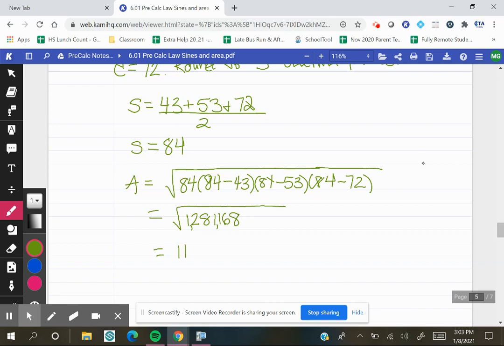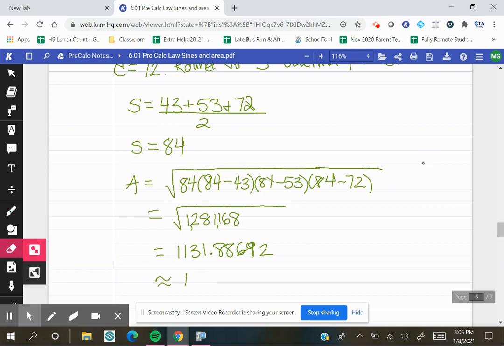We have 1,131.88692, and it said to round to 3 decimal places, so 1131.887 units squared.